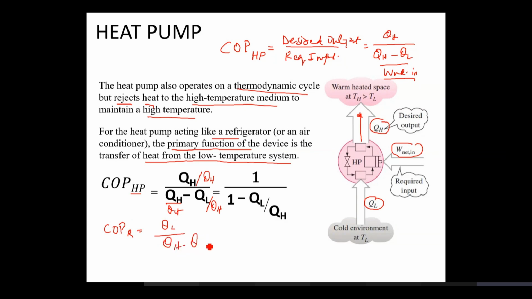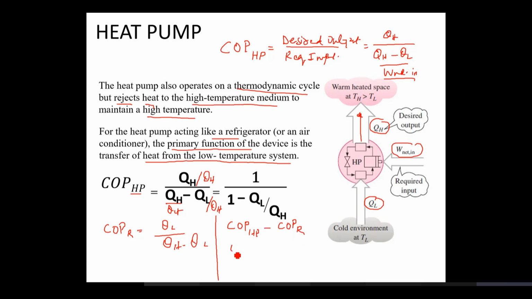All right. Now, if you remember, COP of refrigerant was QL over QH minus QL. So if I say, let's say I say that COP of heat pump minus COP of refrigerant.